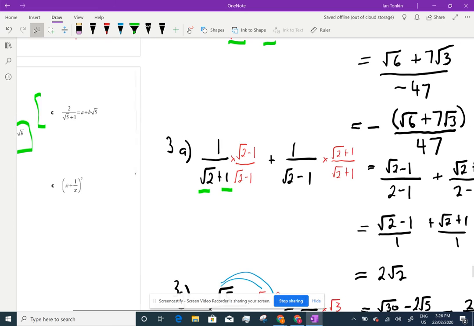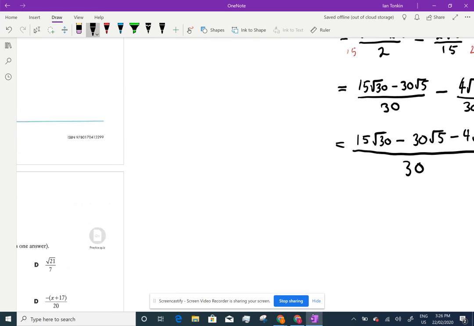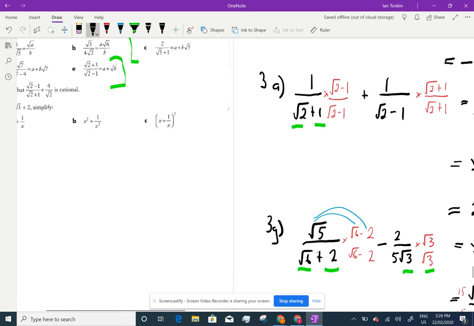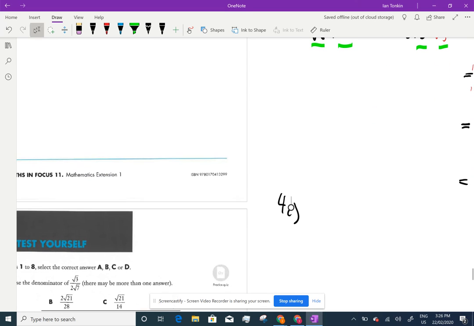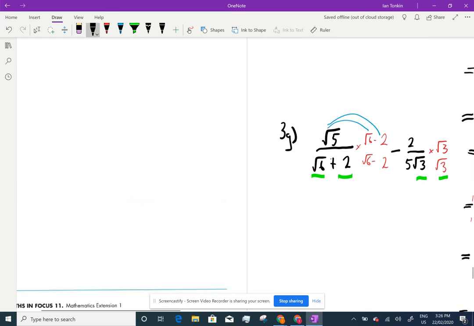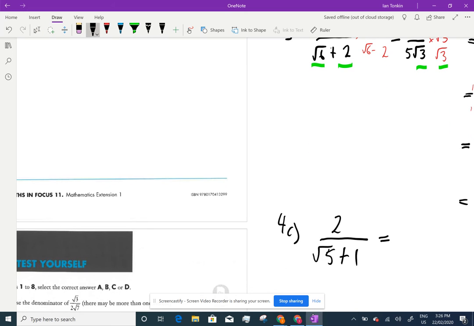So 4C. Now 4C. It wants you to make 2 on root 5 plus 1, and they want you to get it in the form A plus B root 5.